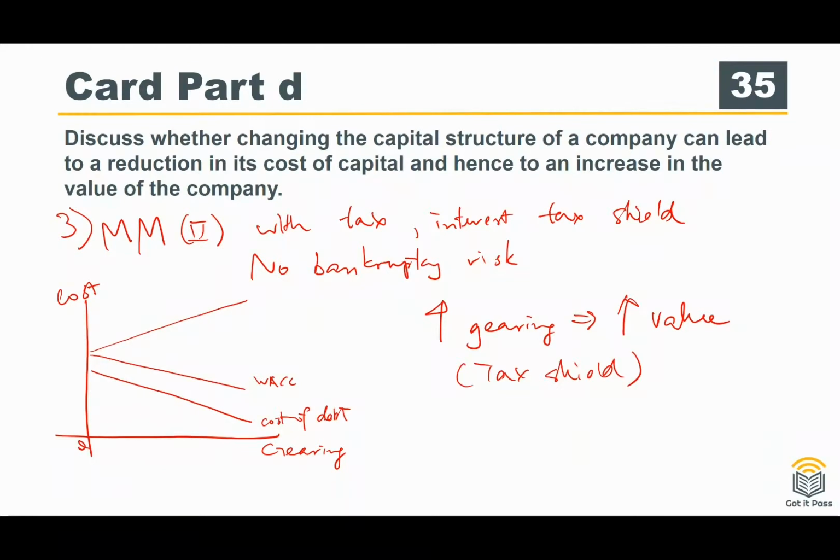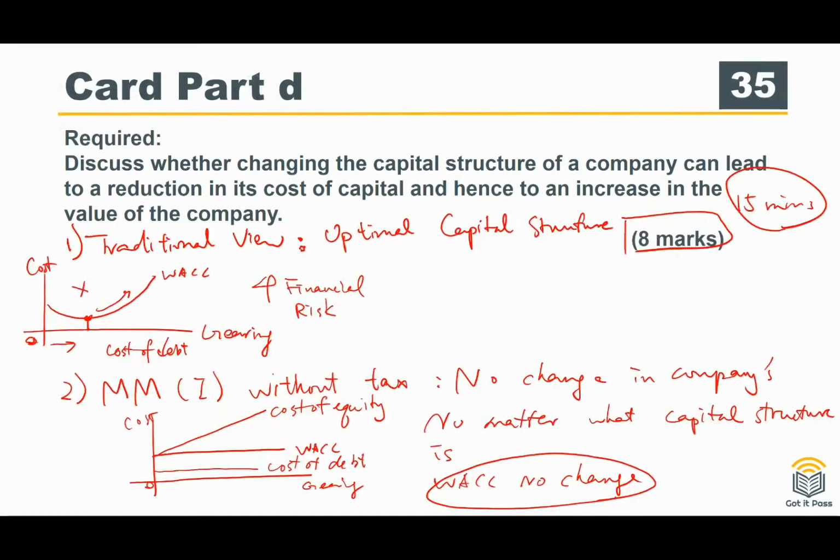All right. So we need to explain three capital structure theories here in this question. We are asked to explain about the value and also the capital structure. For the traditional view, yes, the change of the capital structure will have an impact on the value of the company because of what we just explained.